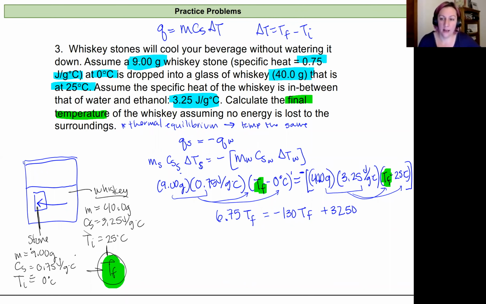All right, now that I have simplified this equation a little bit by multiplying out my values, I have 6.75 times T final is equal to negative 130 T final plus 3,250. So to solve this, I'll add 130 TF, or final temperature, to both sides.